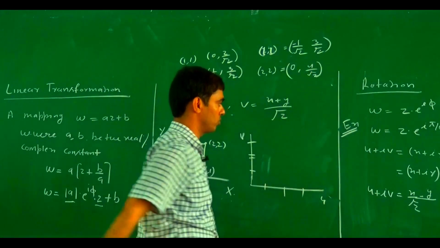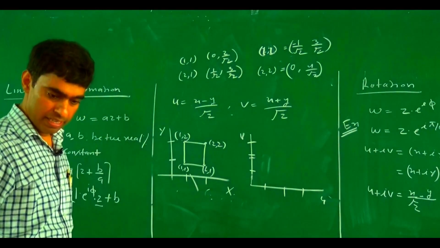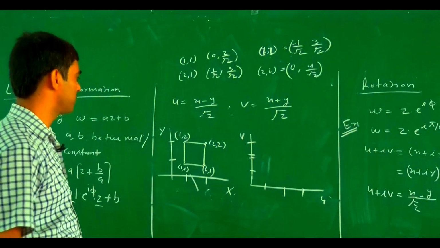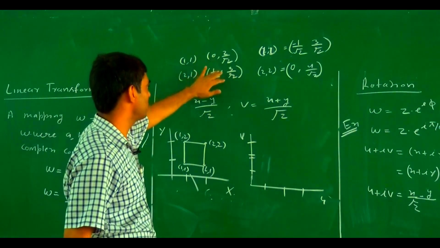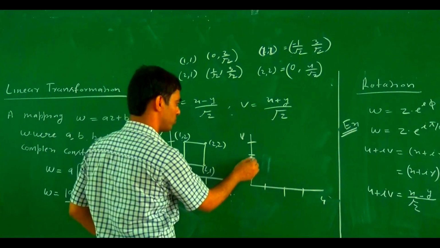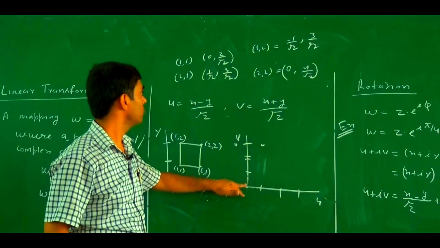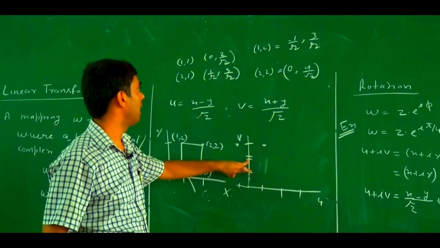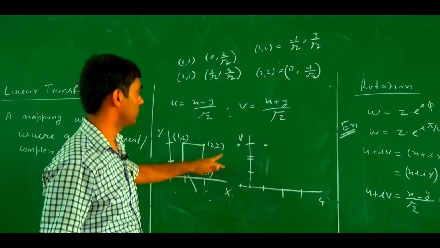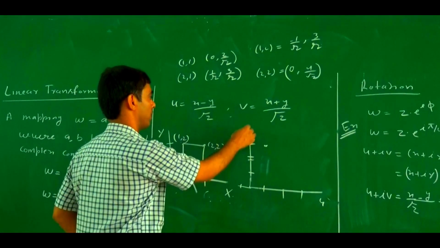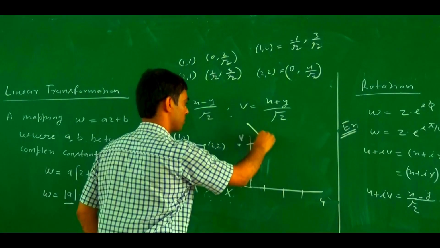Now, if we try to visualize this, the values are (0, 2 by root 2), and corresponding to (2, 2) this becomes (0, 4 by root 2). So the image is rotated like this.